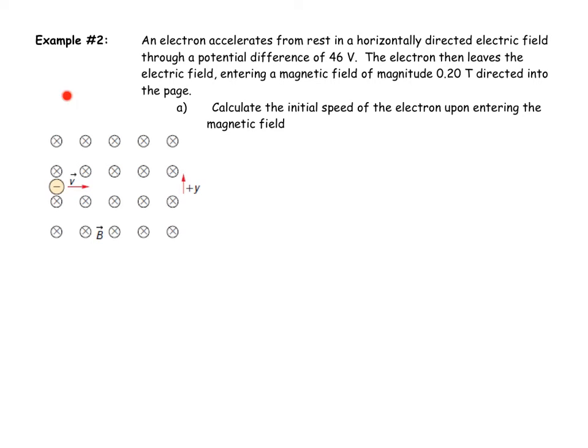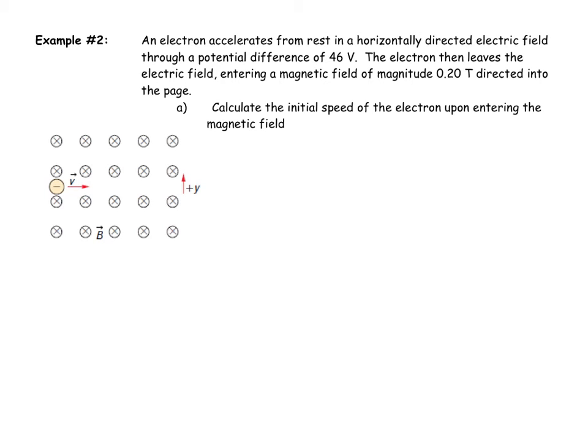You can see over here that there's a depiction of this, and if it weren't provided, you may want to draw one out for yourself to help you visualize the problem, right? I can see the symbols indicating that the magnetic field is going into the page. I also know it's an electron, so it's negatively charged, and that's going to be part and parcel of my solution.